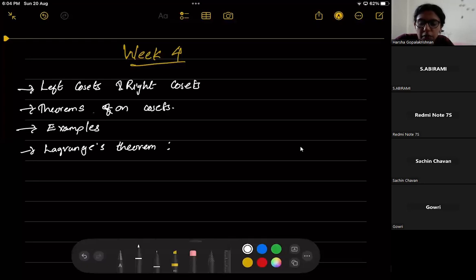It is one of the important theorems for subgroups. Subgroup divides the main group.